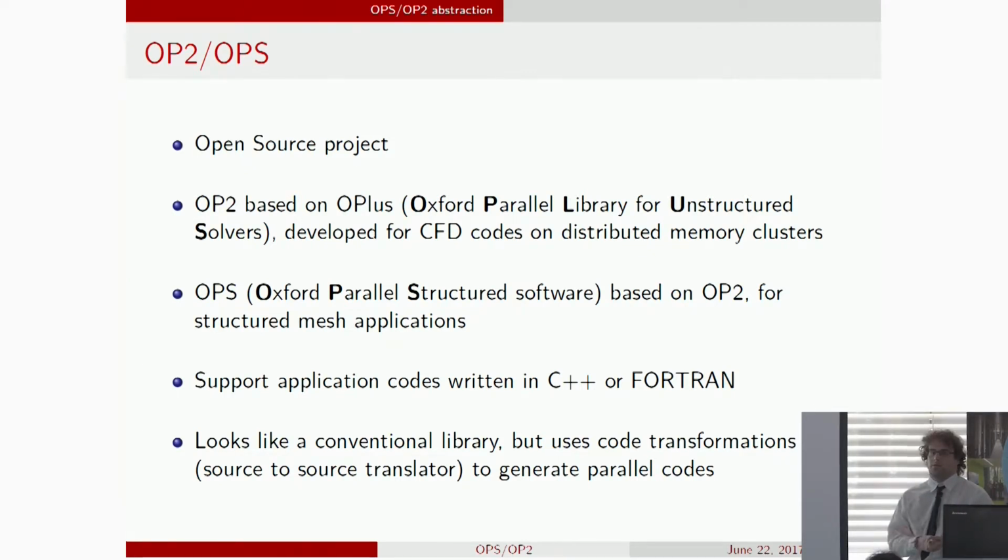Both libraries support C++ and Fortran codes. At the higher abstraction level, it looks like a conventional library, but it uses a source-to-source translation model to give multiple implementations and optimize the source codes.